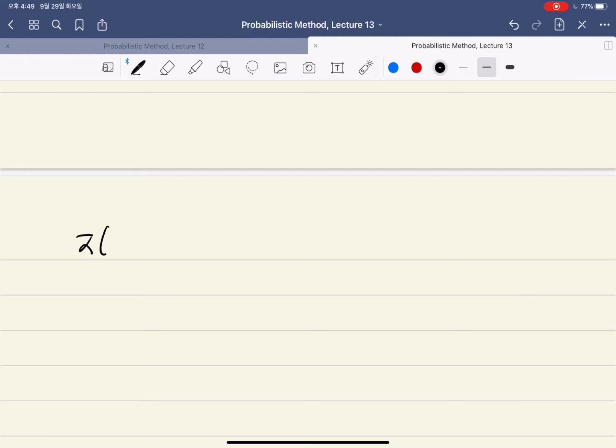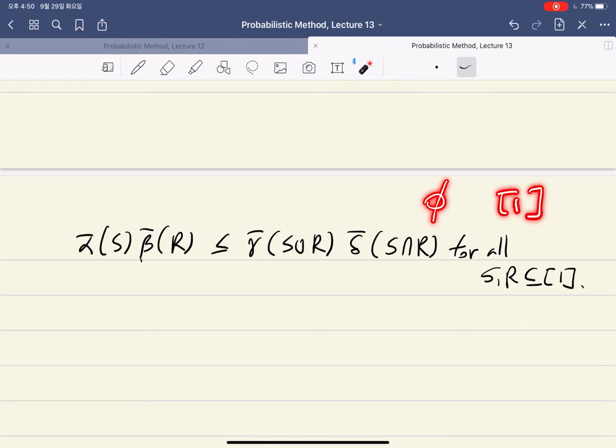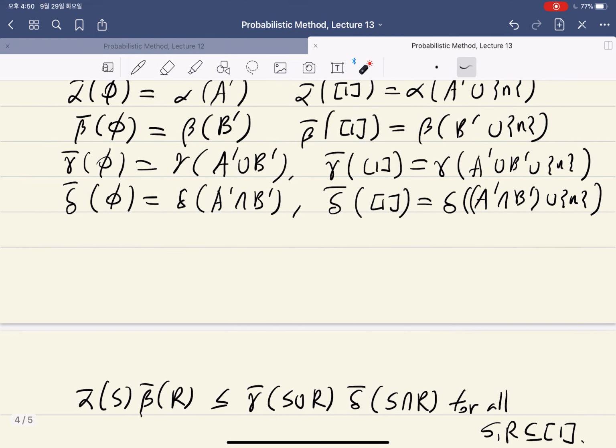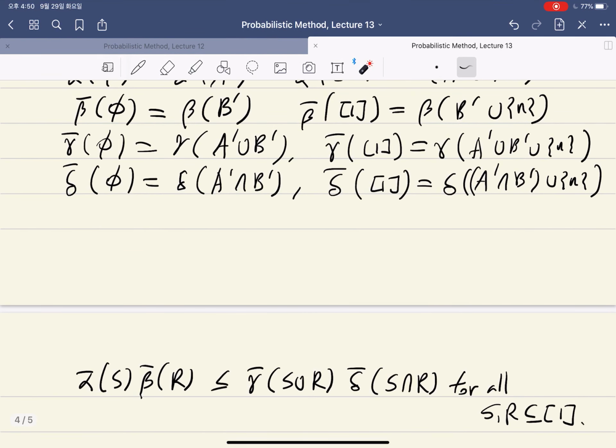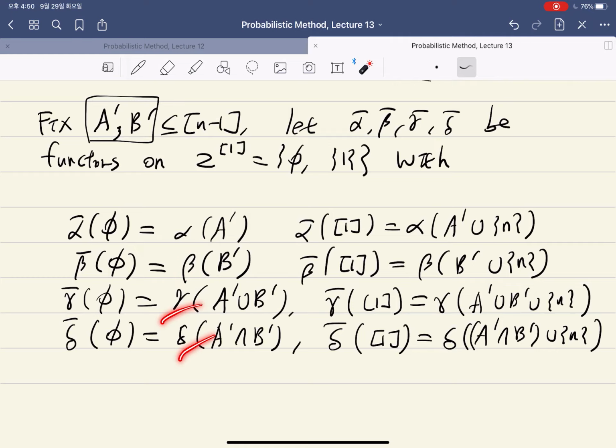So what we want to check is, when S and R are taken either as the empty set or a set of size 1, then consider S and R. For example, if this is the empty set and this is the empty set, then these four functions are nothing but alpha, beta, gamma, delta.